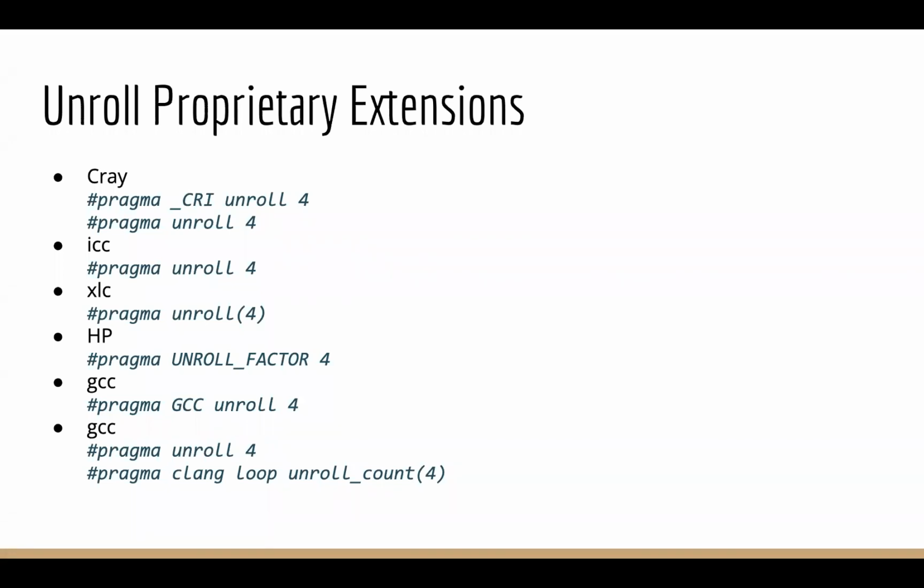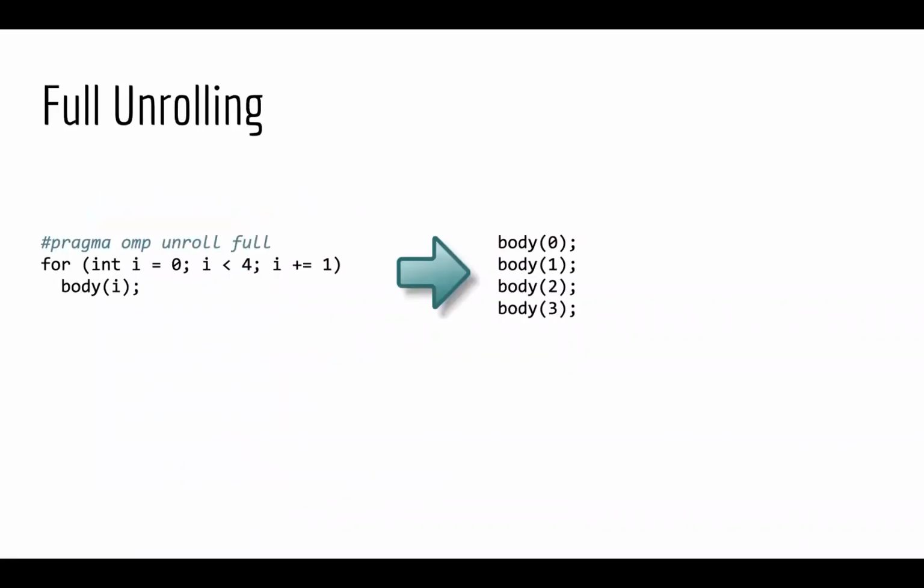Next slide, please. Let me tell you about the unroll pragma. Unroll supports multiple modes, the simplest of which is full unrolling, where you need a constant trip count in order to do it, and it just replaces the loop with the number of instances of the body.